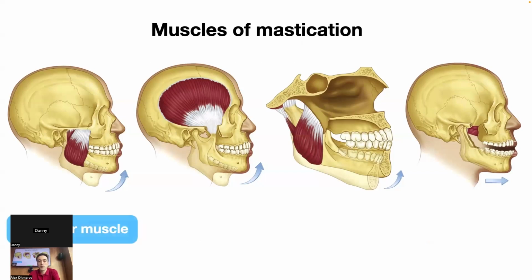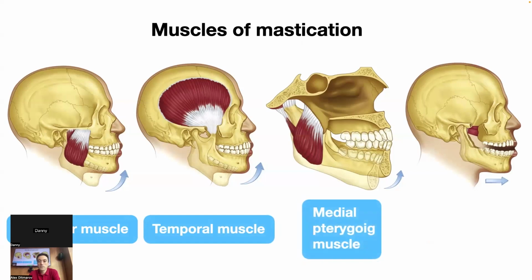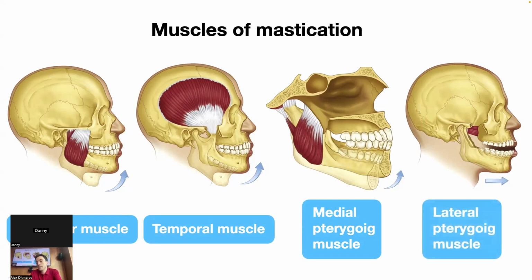Primarily: masseter muscle, temporal muscle, medial pterygoid. These muscles are elevating the mandible, and this last muscle is protracting the mandible. What's the name of this muscle? Lateral pterygoid, correct. It's also attached to the disc itself. It moves the disc forward.